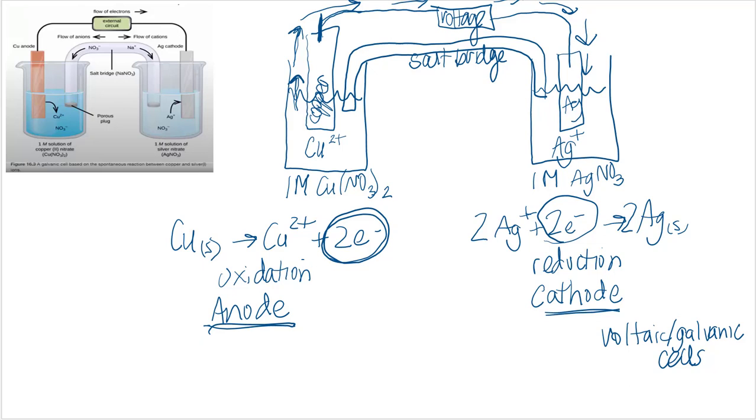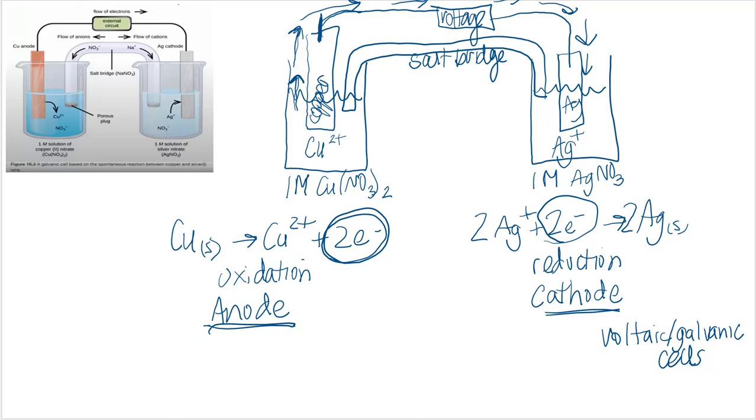And at the end of this chapter, when we flip directions for non-spontaneous reactions with electrolytic cells, this whole thing flips around and the cathode will be on the left and the anode will be on the right. But we're not there yet. For standard notation on a voltaic or galvanic cell, cathode is on the right and anode is on the left.